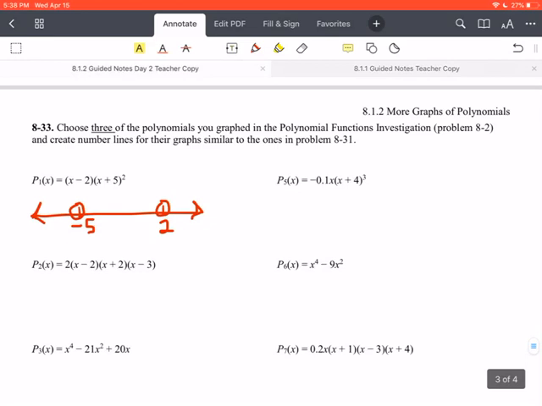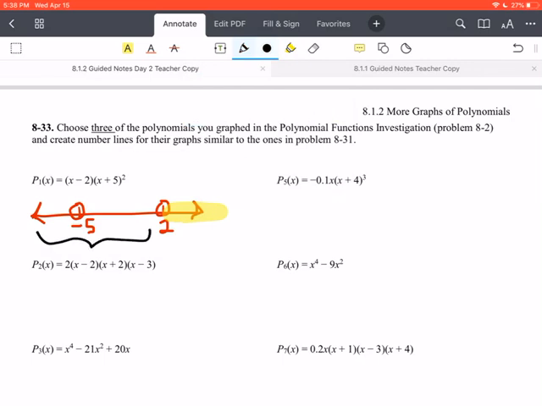We are going to highlight, I'm going to use my highlighter. We are going to go from 2 and beyond. And that's all we shade, okay? Because everything here is below the x-axis, meaning negative values, and everything here is above. So the number line with the shading is what I would expect to see for problem number 1.